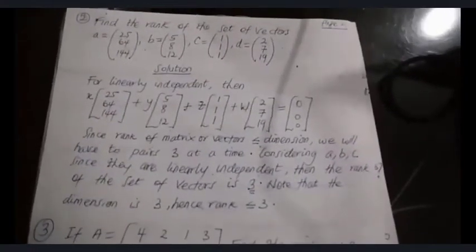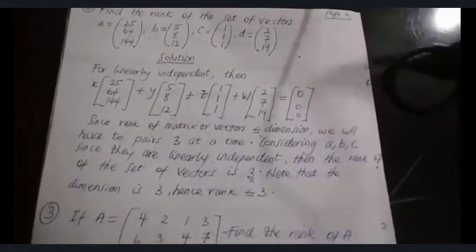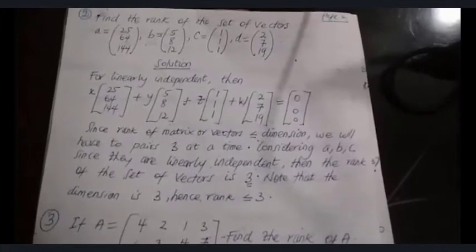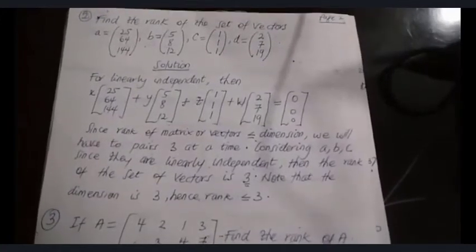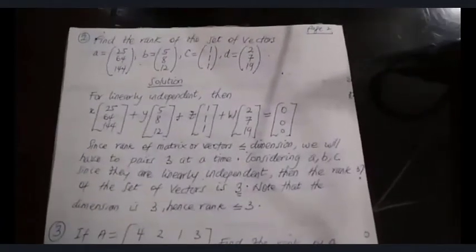Remember that the first 3 vectors are the previous question we solved. The first 3 set of vectors is the example 1 we solved, and all of them were linearly independent. So what it means is that it is only the 4th vector, the D, that will not be linearly what? Independent.